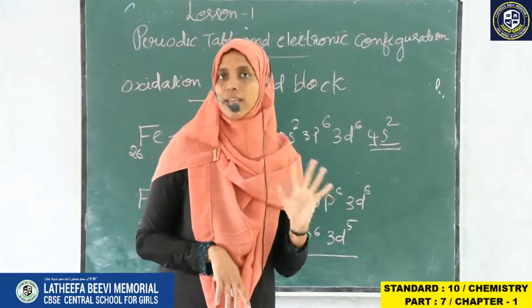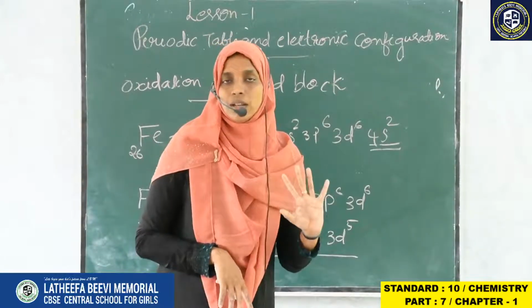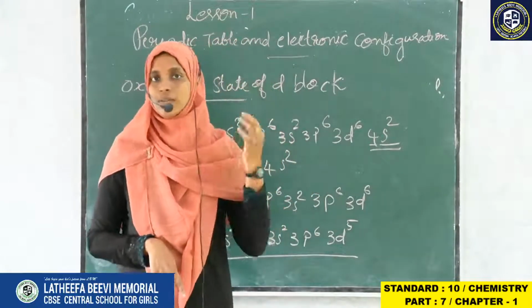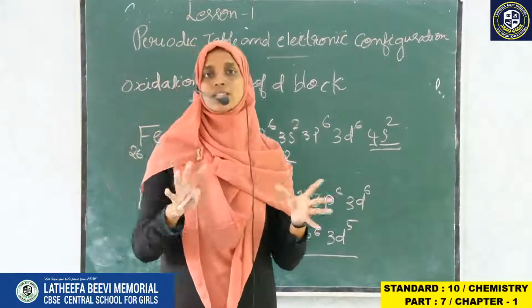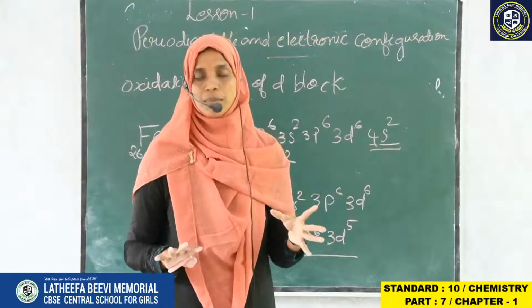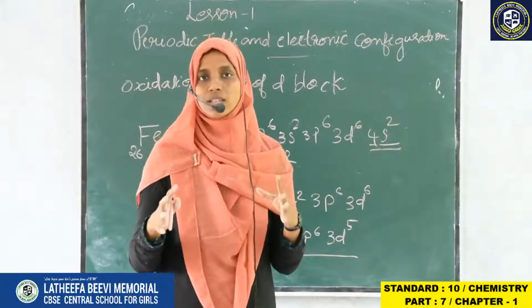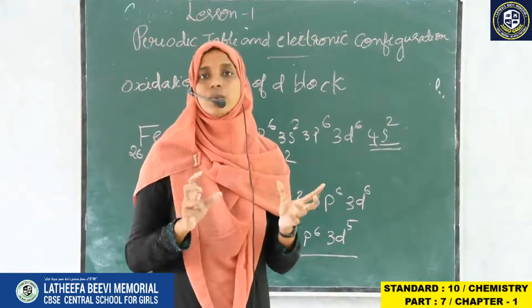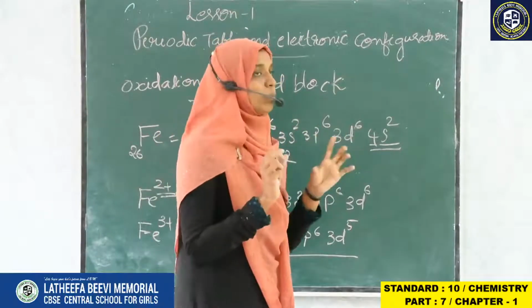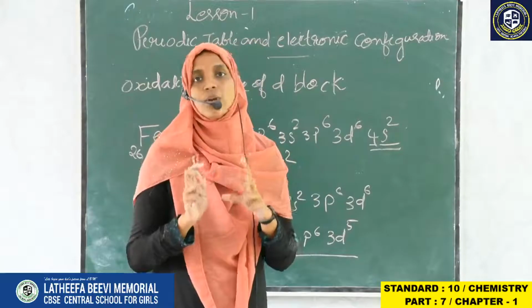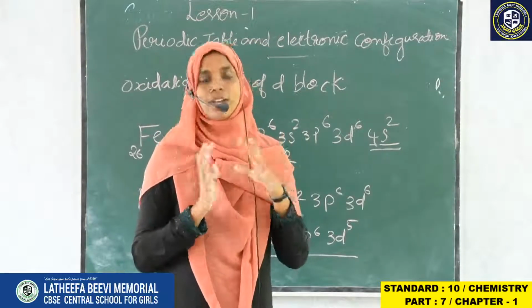In this way, we can calculate the group number of d block elements. We also discussed the different oxidation states shown by the d block elements. What is the reason behind this? The energy difference between the s block and d block is very small, so they show different oxidation states.